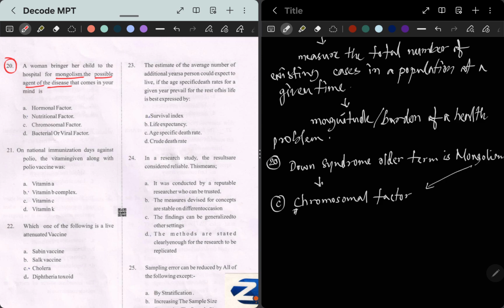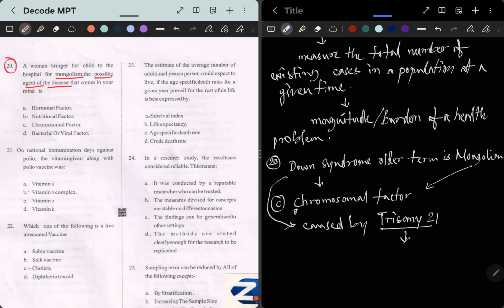In Down syndrome, it is caused by trisomy. You all know trisomy 21. What is trisomy 21?